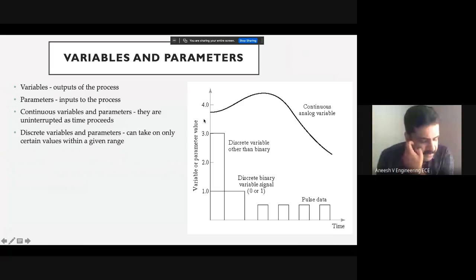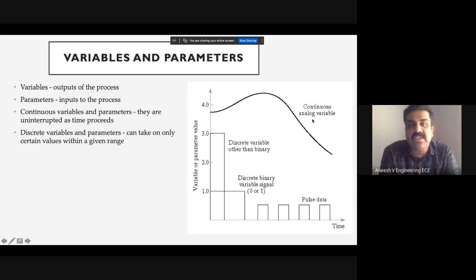Then, before dealing with backstepping, the important things everyone here needs to know are what a variable is, what a parameter is, and what continuous variables and parameters and discrete variables and parameters are. In this particular graph, you can see a continuous analog variable starting at a point of almost 3.6 and continuing to time infinity in a continuous manner.